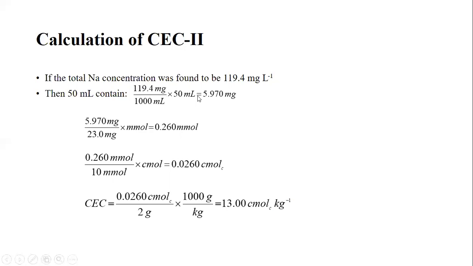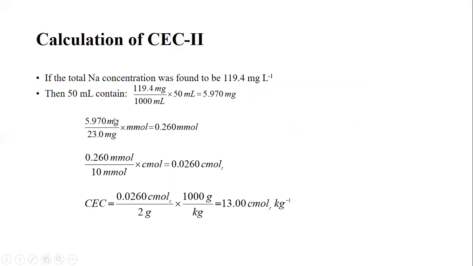So you multiply by 50, you get 5.970 milligram of sodium. Now we know that the atomic weight of sodium is 23. So 5.970 milligram divided by 23 milligram per millimole, to get it in millimole.